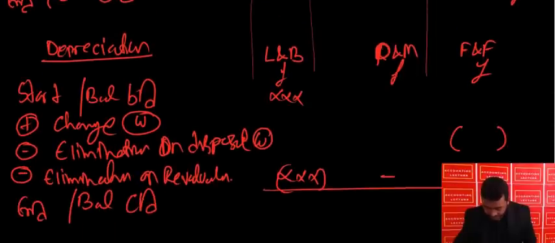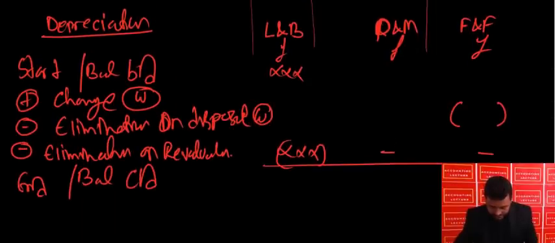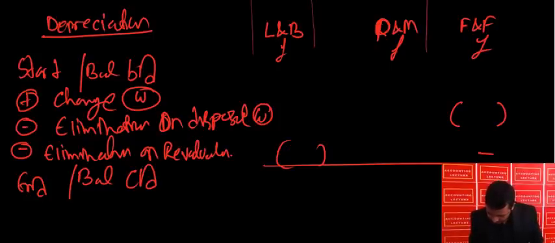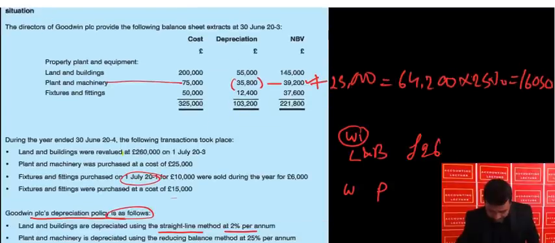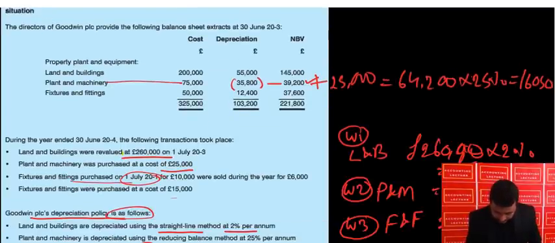Let's keep putting the items in it. Okay, depreciation. Let's quickly take my eraser and just erase the items. All right. So at the start, what are the items of your depreciation? Land and building is 55,000, and plant and machinery 35,800, and the other one is 12,400 fixtures and fittings.